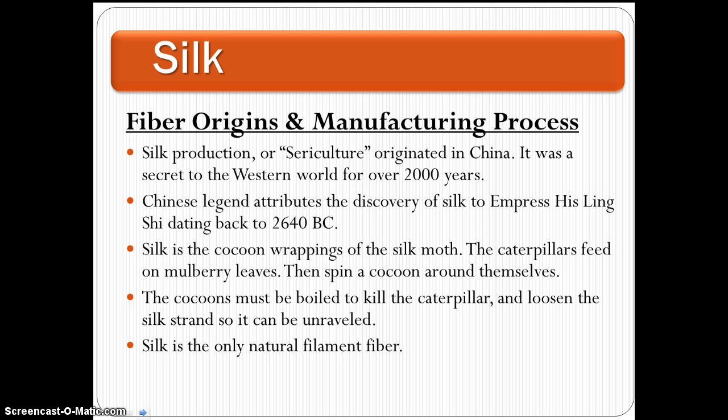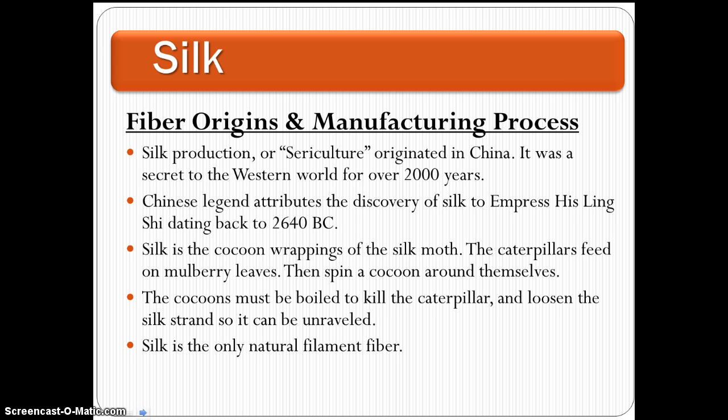She picked up one of the fibers and unreeled the cocoon into one long thin strand. And she actually had talent at weaving, so she wove this strand into a piece of fabric and found that it was very lustrous, had beautiful drape, very lightweight, and thus silk was born.